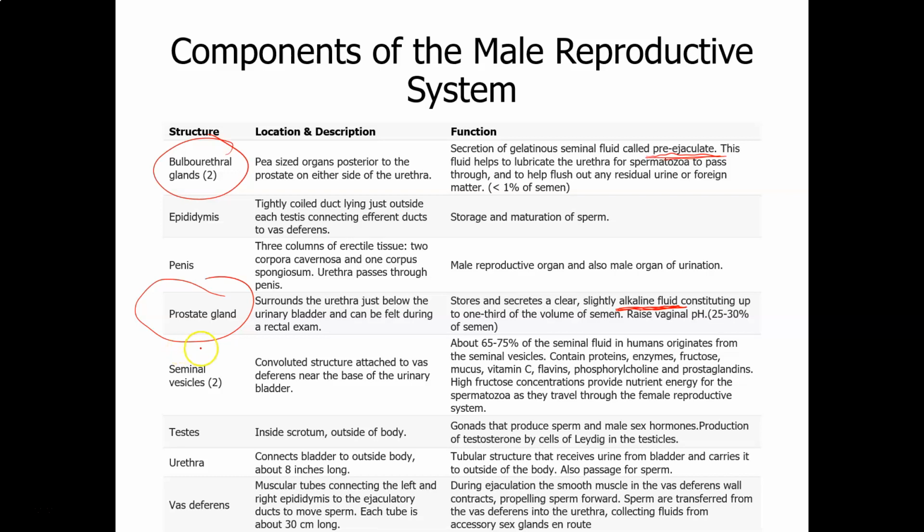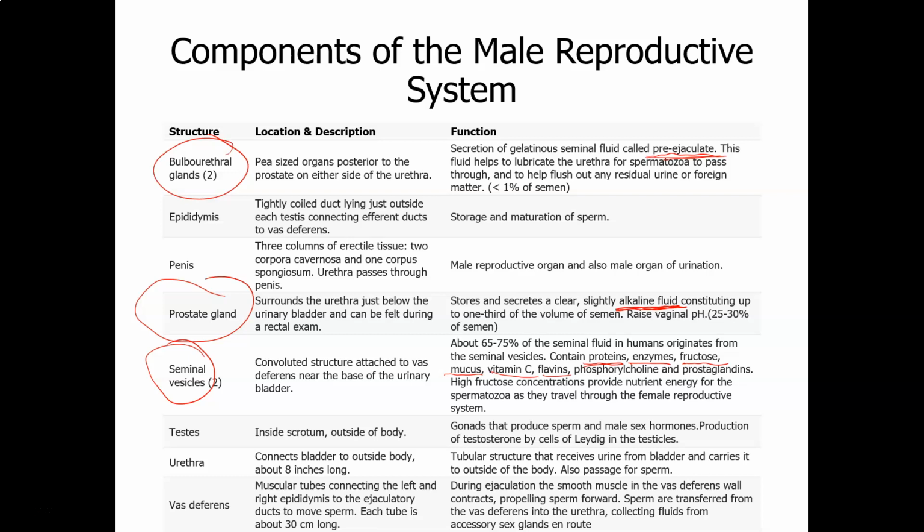The seminal vesicles secrete most of the semen, and contain chemicals like proteins, enzymes, fructose, which is a sugar, mucus, vitamin C, flavins, phosphorylcholine, and prostaglandins. So the fructose provides energy to the sperm so that it can swim through the reproductive system.